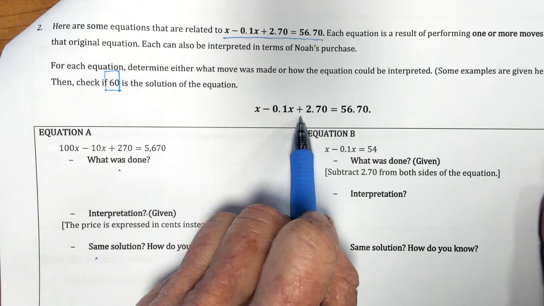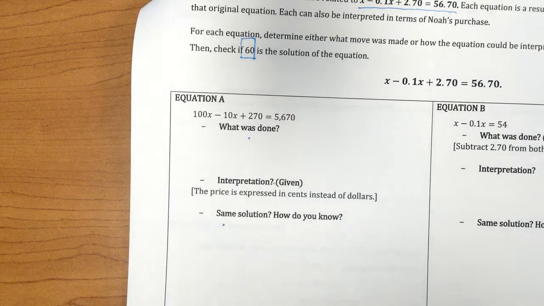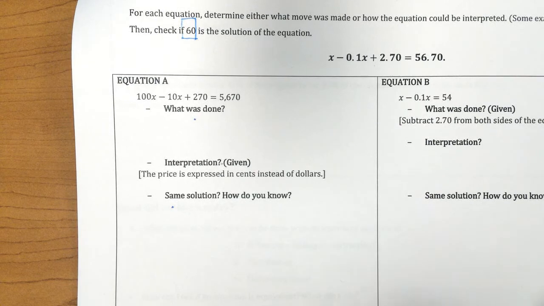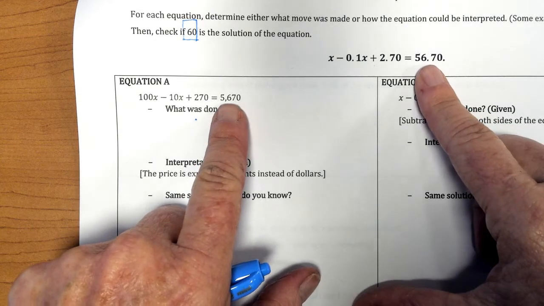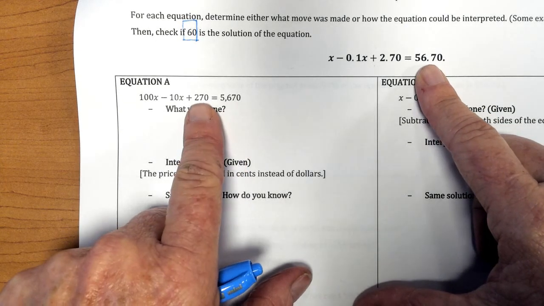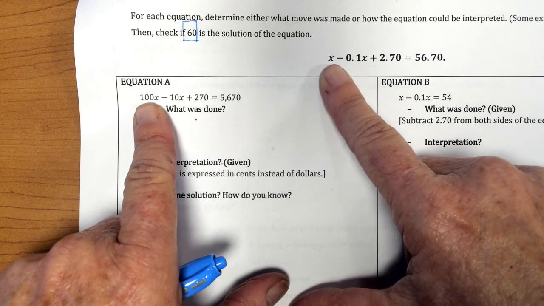All right, so here we go. Here's the equation, and we're going to look at A. So I've got 100x minus 10x plus 270 equals 5,670. Right away, I'm going to notice something. This number got really big, and this number got big, and that changed, and that changed.